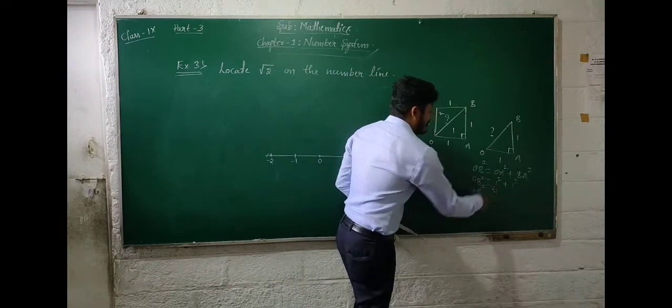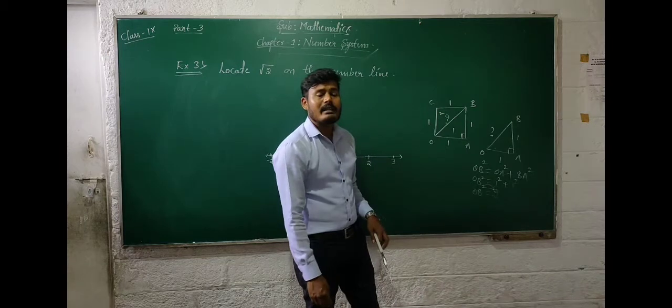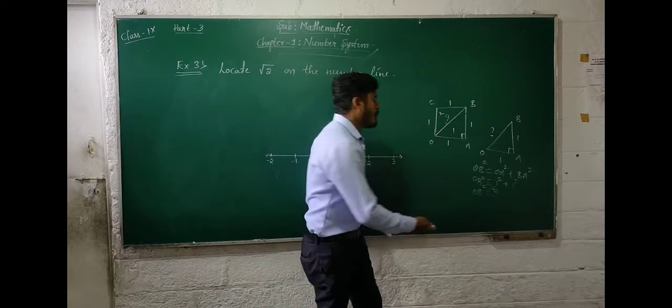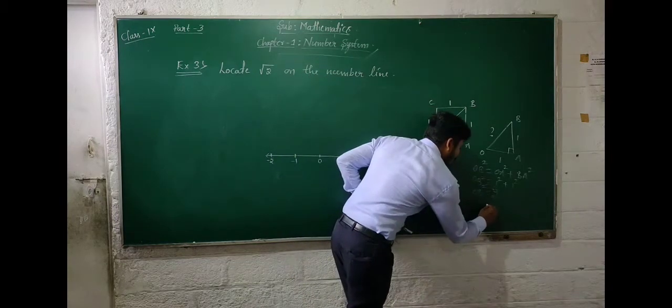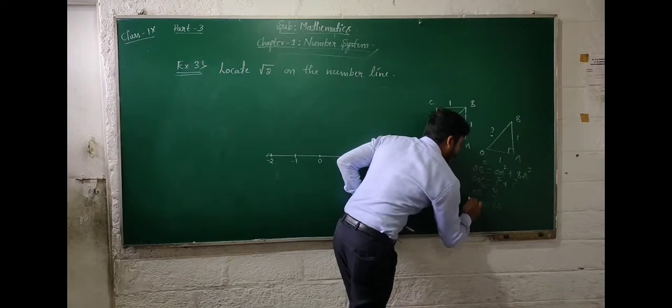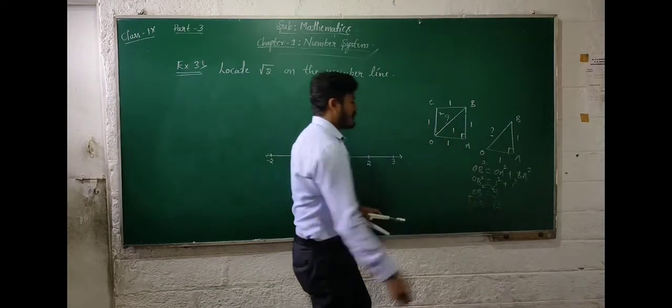So then transposing the square to the RHS, we get the square root of 2, so OB is equal to root 2.